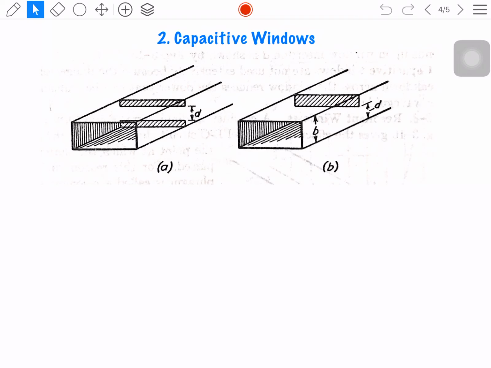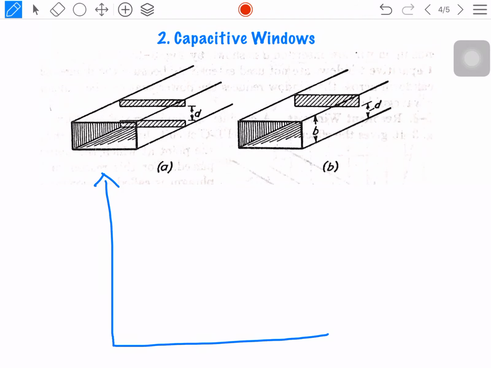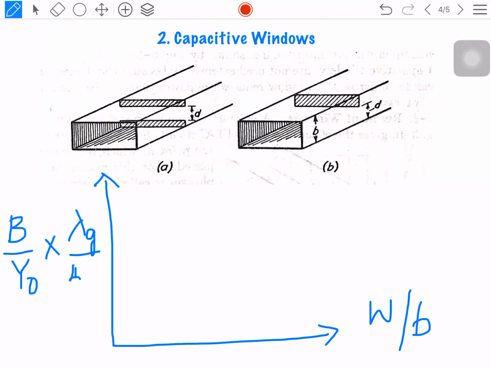Here also we can have a plot. The plot is to show how a normalized susceptance is plotted as a function of the window insertion. On the x-axis I have W by B. On the y-axis I have B by Y naught, lambda G by 4B.